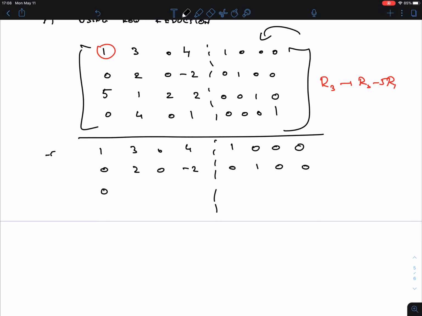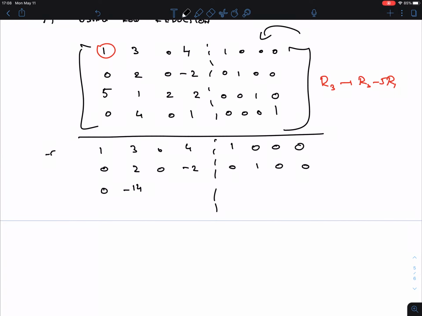Negative 15 plus 1 is negative 14. That's 0 plus 2, and then negative 20 plus 2 is negative 18. Now, don't forget there's a 1 here also. We get a negative 5 here. And then 0, and then a 1, and then a 0. Okay, this one we just copy.